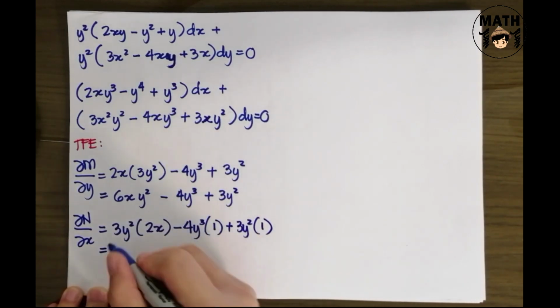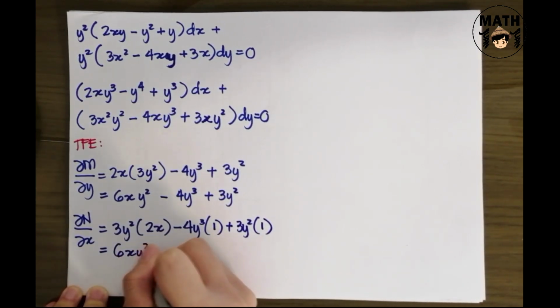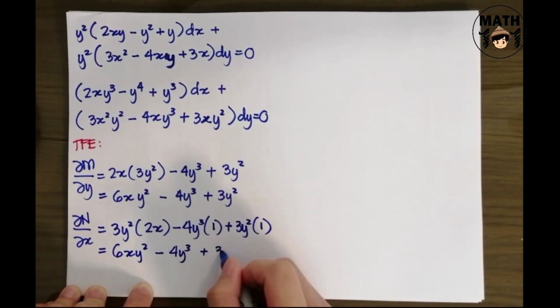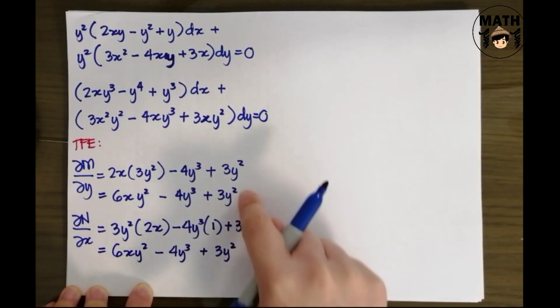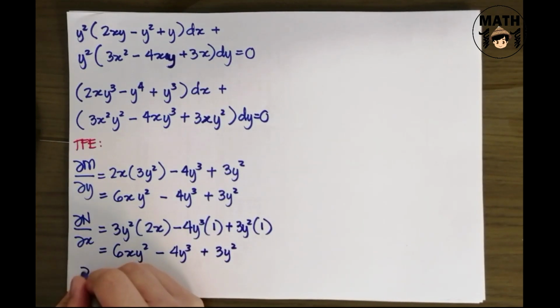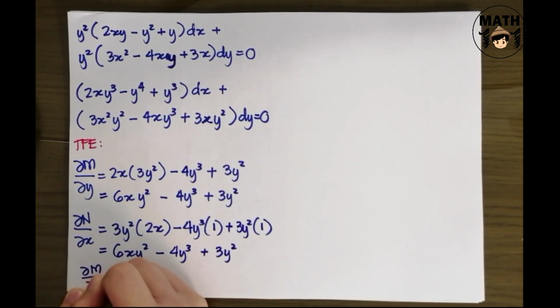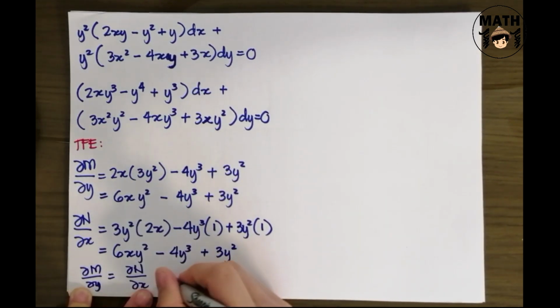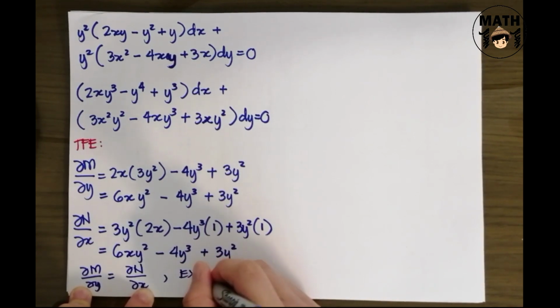Then simplify natin, 6xy squared minus 4y cubed plus 3y squared. Comparing the two, they are equal. Kaya naman, we can now conclude that the differential equation after multiplying to the integrating factor is exact.